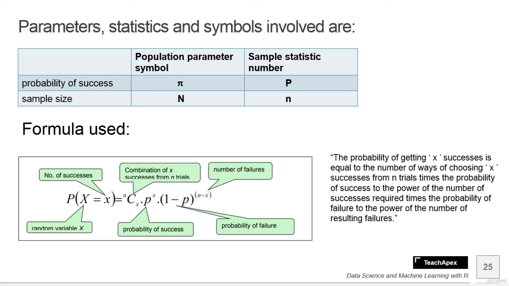By this formula the probability can be calculated through the binomial distribution. The probability of getting x successes is equal to the number of ways of choosing x successes from n trials, times the probability of success to the power of the number of successes required, times the probability of failure to the power of the number of resulting failures.